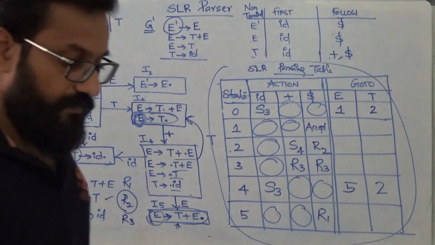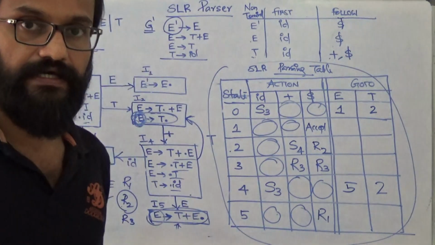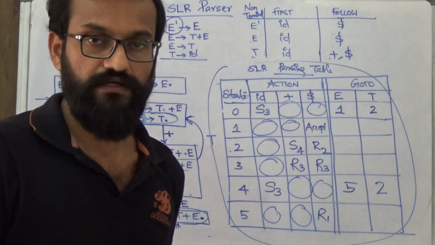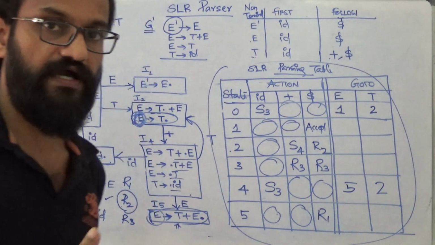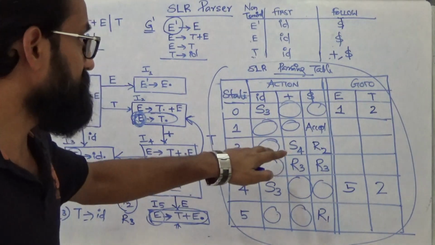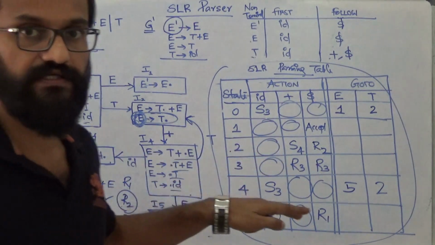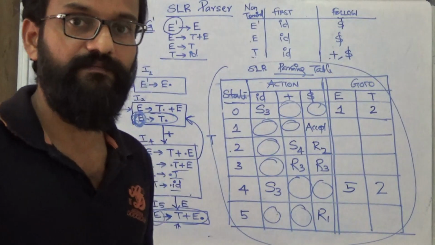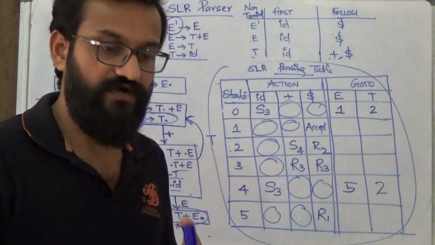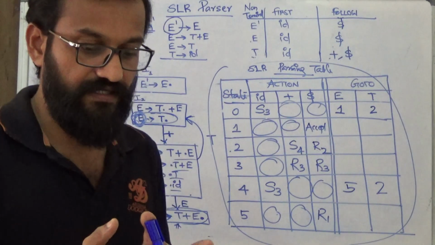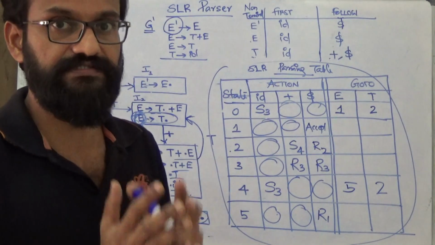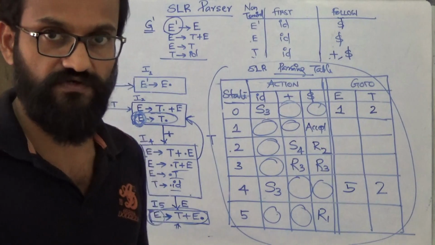Now while constructing SLR parsing table using LR0 collection of items, if you are having some conflict, in the sense shift reduce conflict, then there will be multiple entries in some cell, one representing shift and the other representing reduce. Or if we are having multiple reductions in a particular cell, that actually leads to reduce conflict.